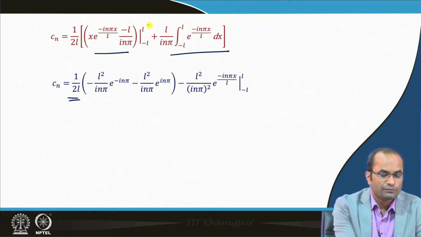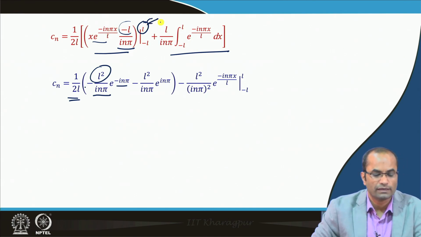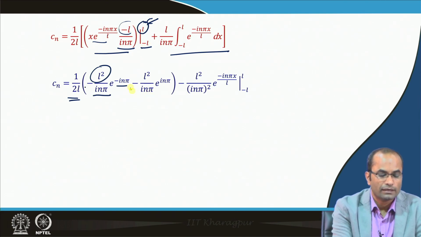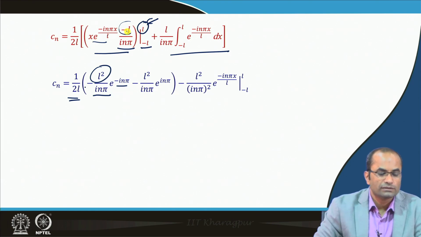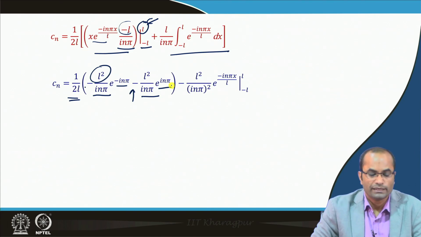In the first term, we have to substitute the upper limit L. So, we have L and then there is another L here, so it will be L square with the minus sign, we have i n pi and then exponential minus i n pi, because this L will get cancelled with this L when we are substituting the positive value of L. Then we have a minus L, again the same thing, the x will be minus L, and there is a minus already, so this minus sign will be there, and then we have again i n pi and e power plus i n pi.